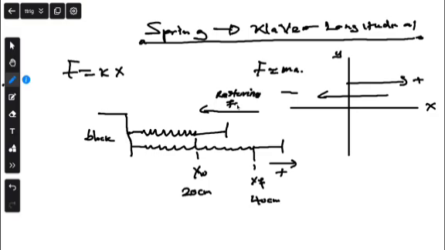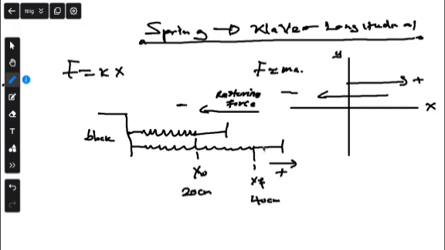Now, guess what? What is going to be the sign for the restoring force? Since it is going in this direction, it is going to carry a negative. This restoring force is also known as the force of the spring.